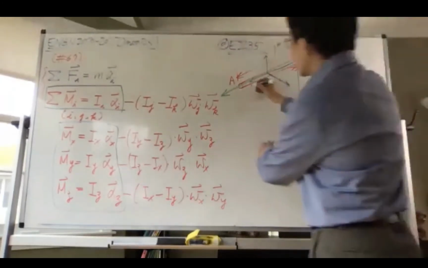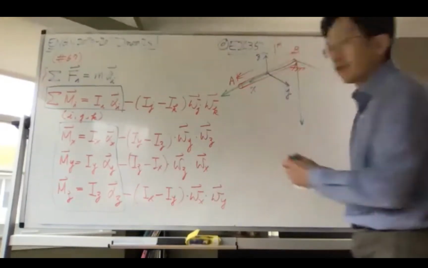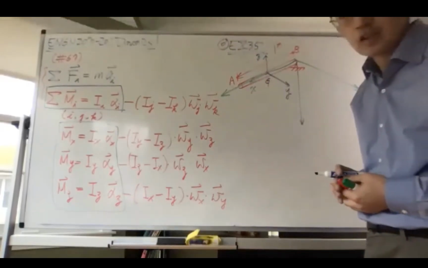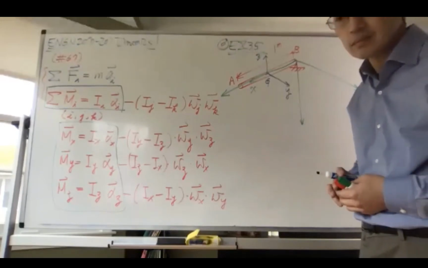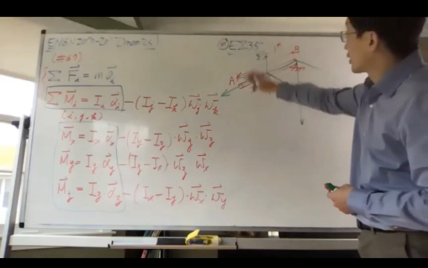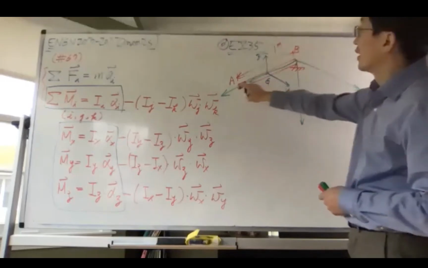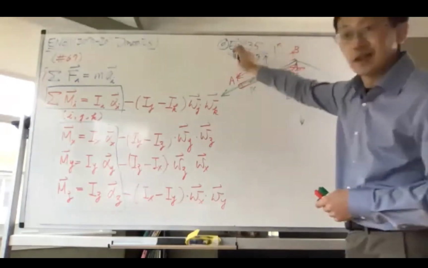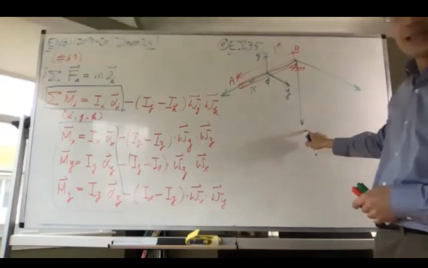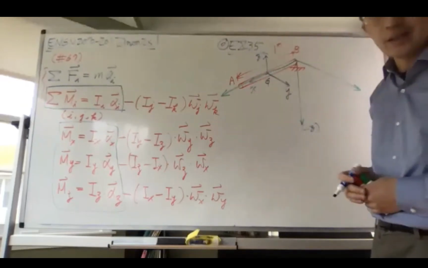I want to define this to be the x direction, this to be the y direction, and this to be the z direction at the center of gravity, which is the middle of this bar. Of course, the same directions apply to point A and point B. At point A, this is your x, this is your y, this is your z. And at point B, this is your x, this is your y, this is your z. So this one, of course, is negative z. I showed this just to show you how the three-dimensional problem looks.